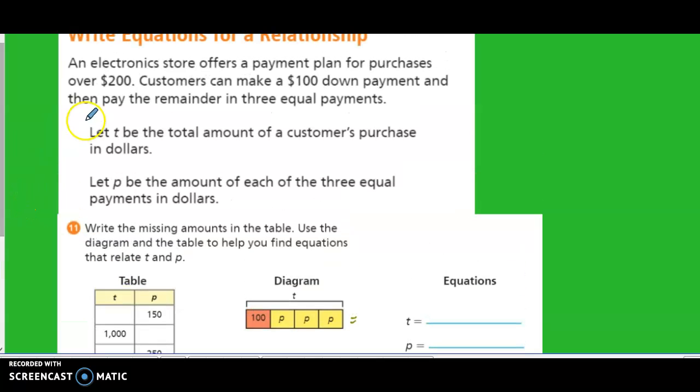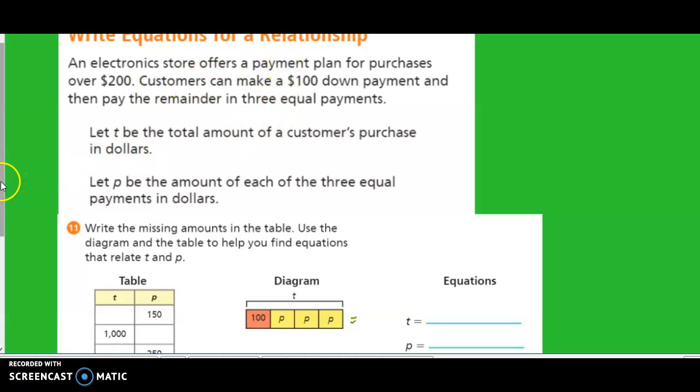So I'm going to purchase a TV that's over $200. They have arranged that. I don't have the full price right now on me. So they said, hey, if you give me $100 right now, you can walk out of the store with the TV, but then you owe me the remainder. We'll divide up the remainder, your balance of the TV, into 3 equal payments.